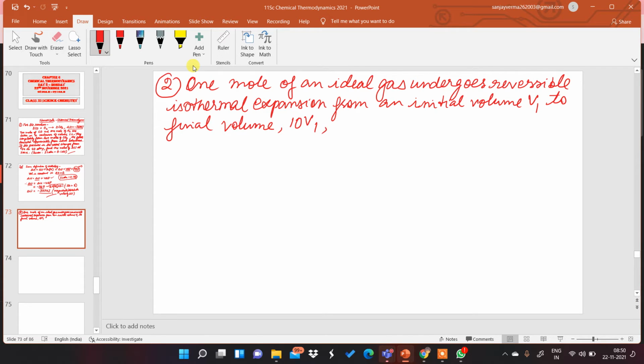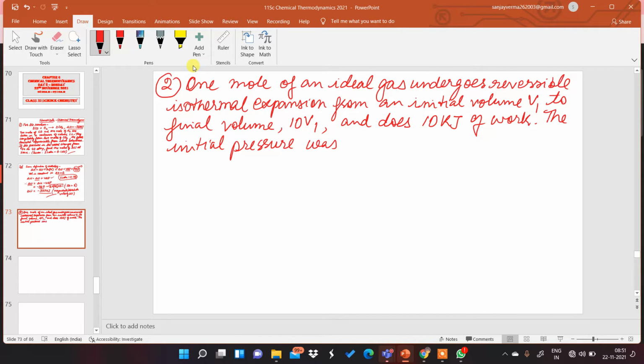Okay, and does 10 kilojoules of work. The initial pressure was 1 into 10 to the power of 7 pascals, PA. Okay.